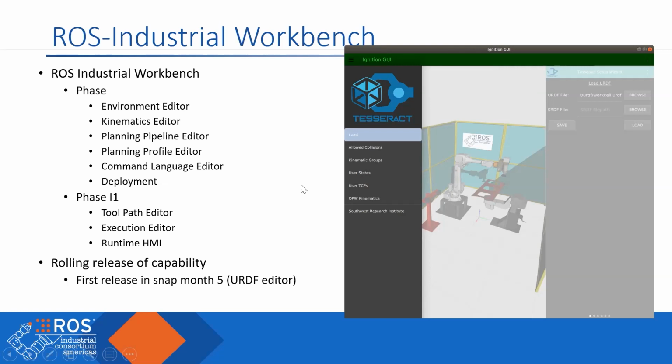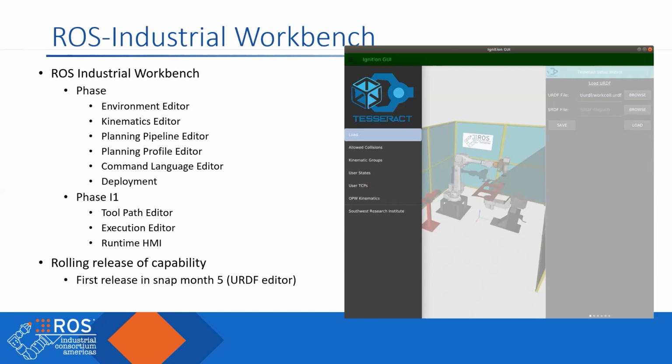The next 3 are specific to Tesseract. Those will be for customizing your planning pipeline, like do you want to do individual rasters, or do you want to do a global plan first? You'll be able to do more of a model-based approach to configuring your own pipeline.